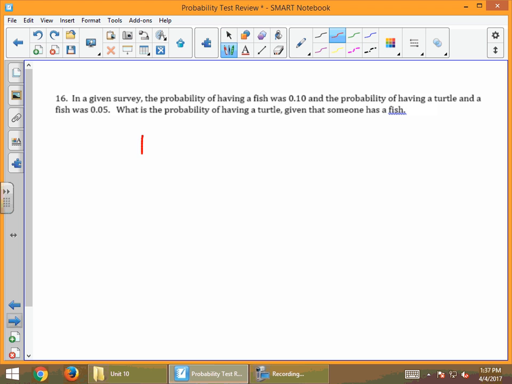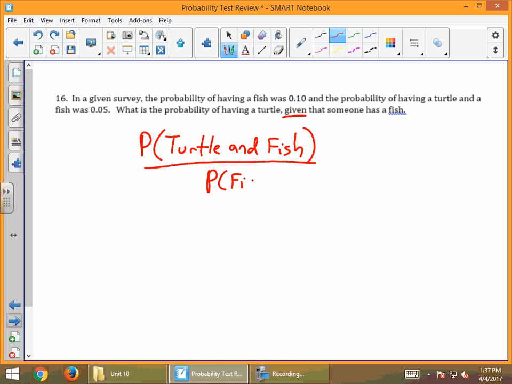So, conditional again is the probability of both happening. What two things am I analyzing in this problem? Well, look where my given is. What's the first thing that's given? Well, at the front. Turtle. What's the probability of having a turtle and then a fish, over the probability of the second? Probability of the second being fish. So what's the probability of having a turtle and a fish?